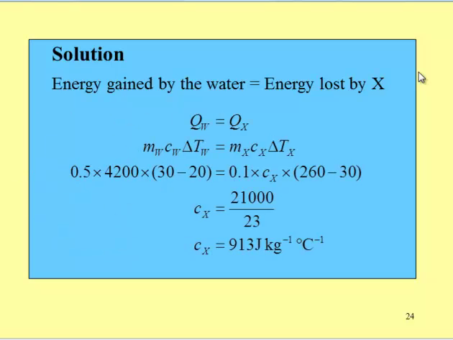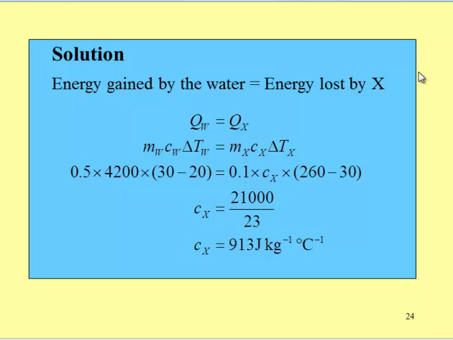What I've got here is if I look at my two calculations, first of all, the change in energy of the water. The water has changed by 10 degrees, and I know exactly the mass of the water is 0.5 kilograms, so I know the specific heat capacity.